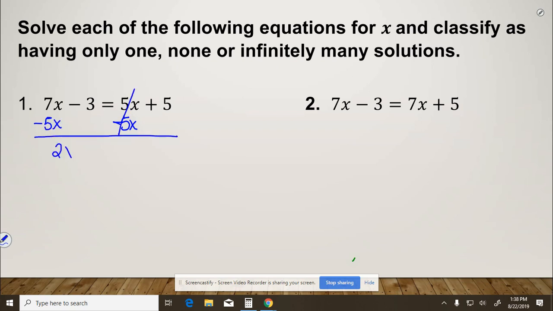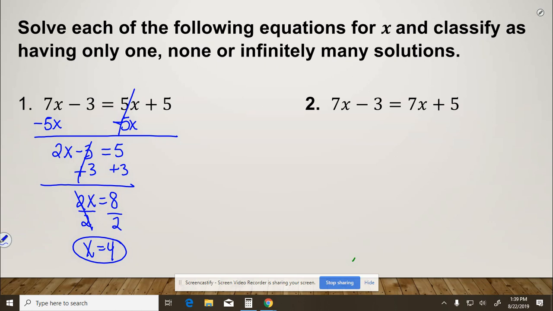I get 2x minus 3 equals 5. Then I want to add the constant to both sides. Plus 3 plus 3, I get 2x equals 8. Then divide by 2, which is the coefficient, and x equals 4. I have one answer. I was able to solve for x, so this has one solution.